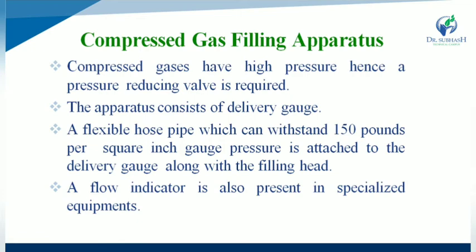The apparatus is made up of a delivery gauge and a flexible hose pipe that can withstand 150 pounds per square inch gauge pressure, attached to a delivery gauge along with a filling head. A flow indicator is also present in the specialized equipment.